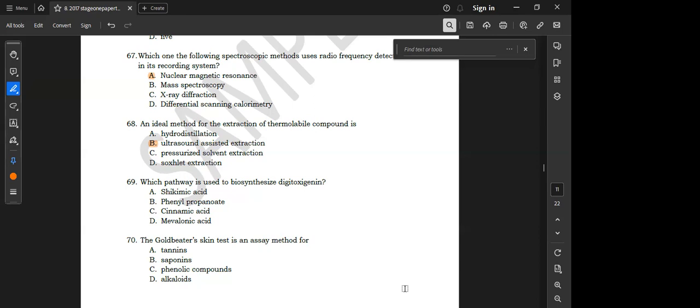Okay, what were the different products these two, shikimic acid and mevalonic acid, produce, like the plant metabolites?